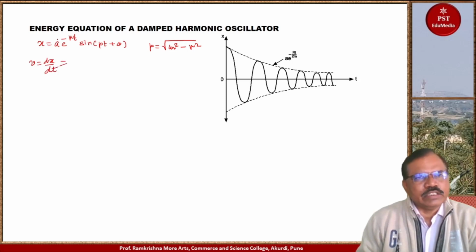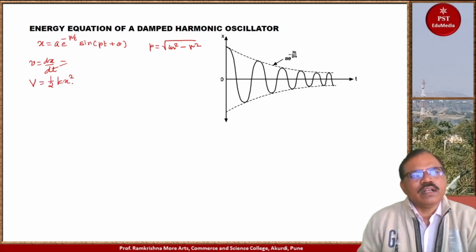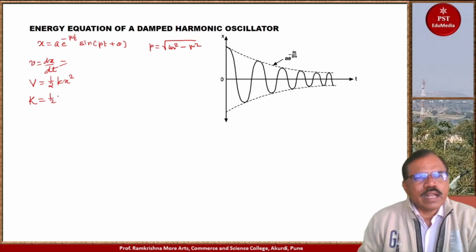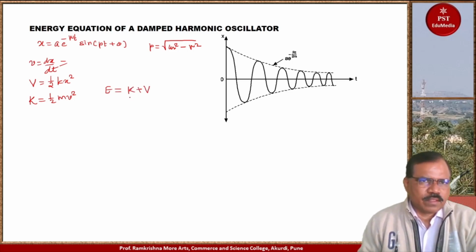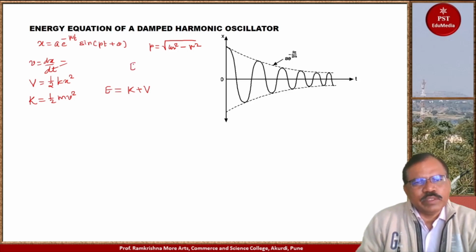So you can find this. Then we can have potential energy, that is 1/2 kx square, and you can use this x here. Kinetic energy K is equal to 1/2 mv square, and then you will have total energy, that is K plus V.